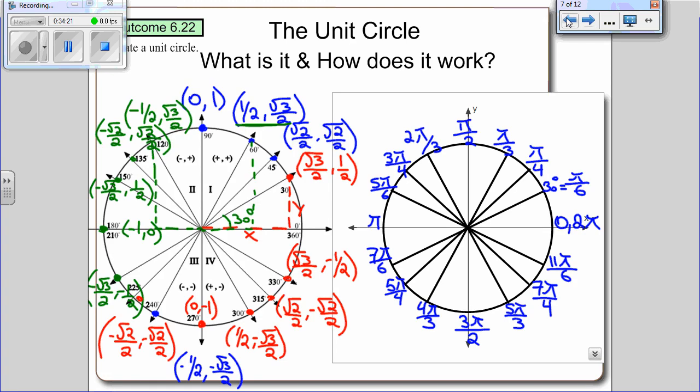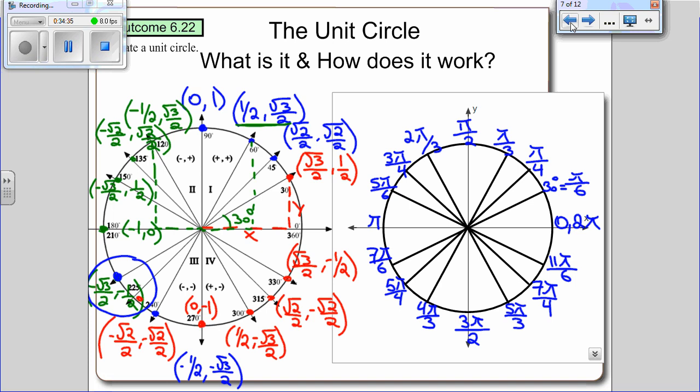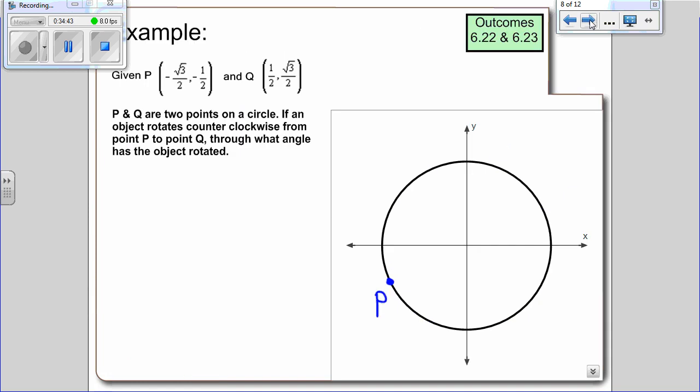Point Q is at 1 half, comma, root 3 over 2. 1 half, comma, root 3 over 2 is up here. So I'm going to estimate it up there. Point P and Q are 2 points on a circle. If an object rotates counterclockwise from P to Q, through what angle has it rotated?